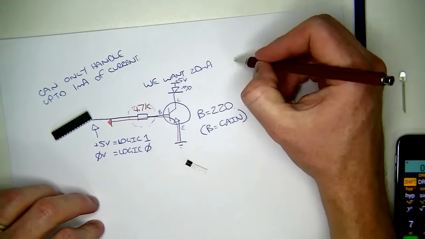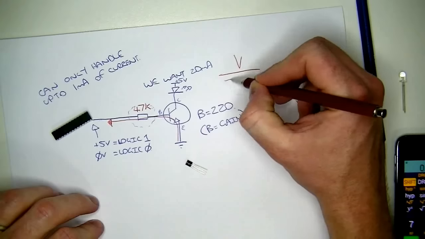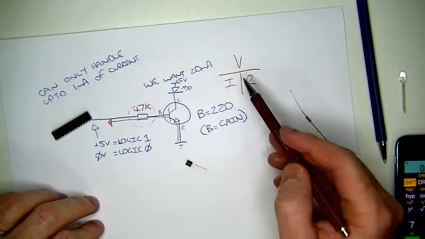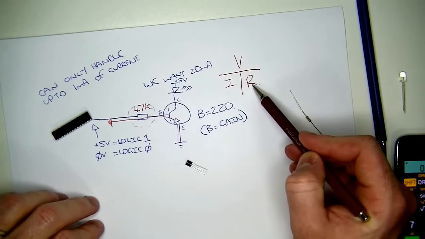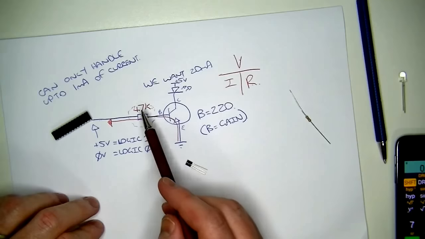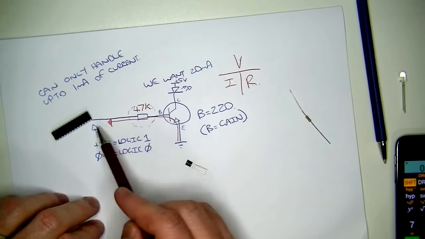So remember Ohm's law, V equals IR. If we want the current, we're going to need voltage and resistance. So that means we need the voltage across that resistor and the resistance of that resistor to find the current going through it.